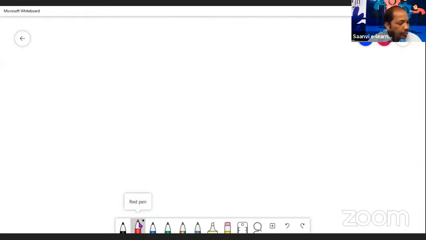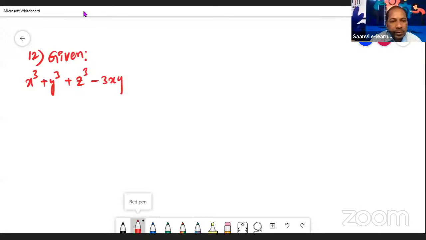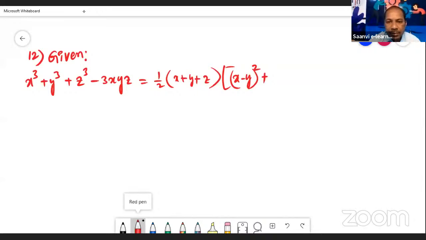You see here, 12th problem given: x cube plus y cube plus z cube minus 3xyz is equal to 1 by 2 into (x plus y plus z) into ((x minus y) whole square plus (y minus z) whole square plus (z minus x) whole square). Okay, this is given.